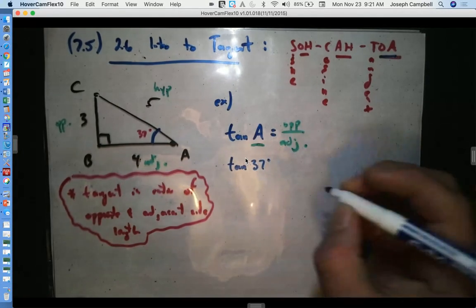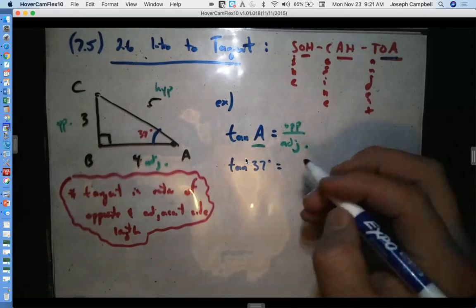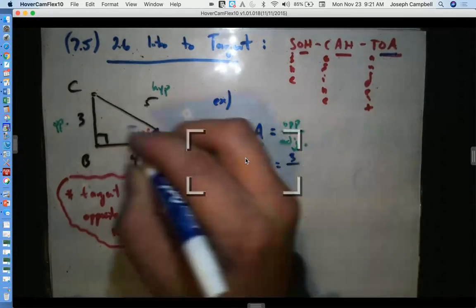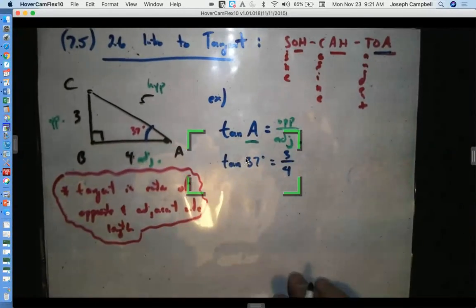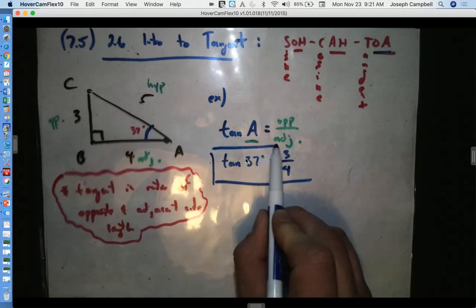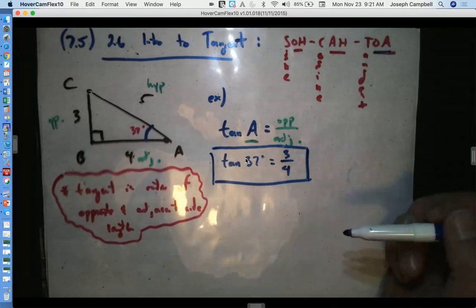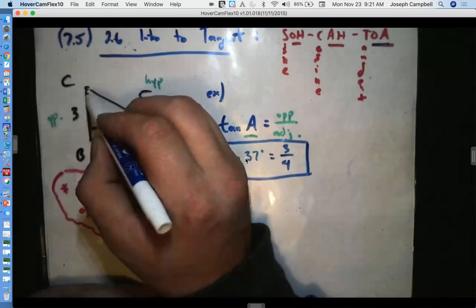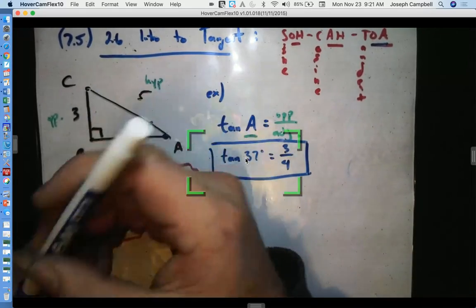Tangent of 37 turns out to be equal to the ratio of the opposite to the adjacent side. This is the relationship that we're trying to show here. It turns out that this one over here is 53 degrees.